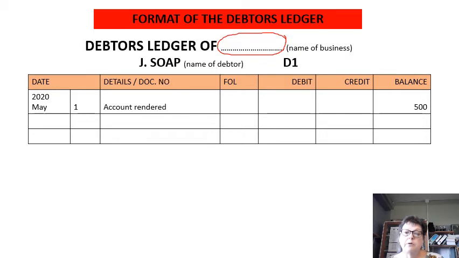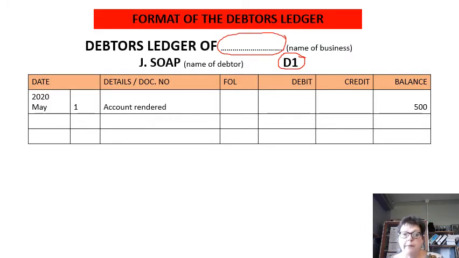I have an account for Joe Soap, but if your debtor's name is John Smith, then you will have an account for John Smith. What is important is that every account must have its own number. In the school system, we use D for debtors, and this is debtor number 1.